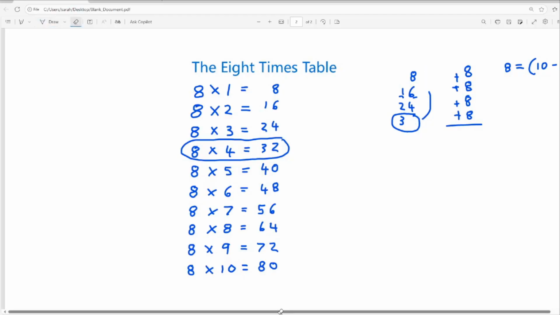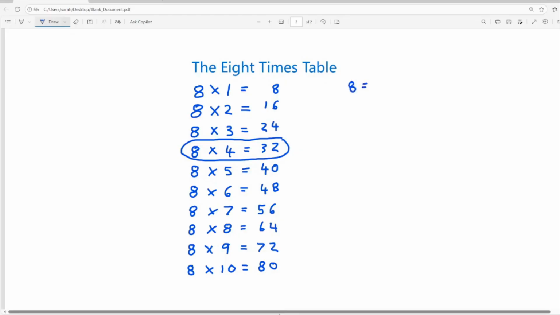Now I'm going to talk about what I really like about the 8 times table, which isn't this 2 times table backwards thing. What I really like is just how silly it sounds, because 8 is the same as 2 times 2 times 2. It's double, double, double.